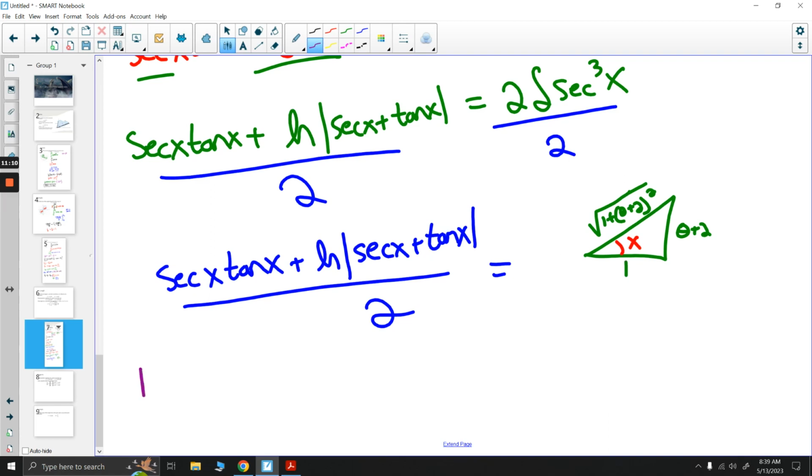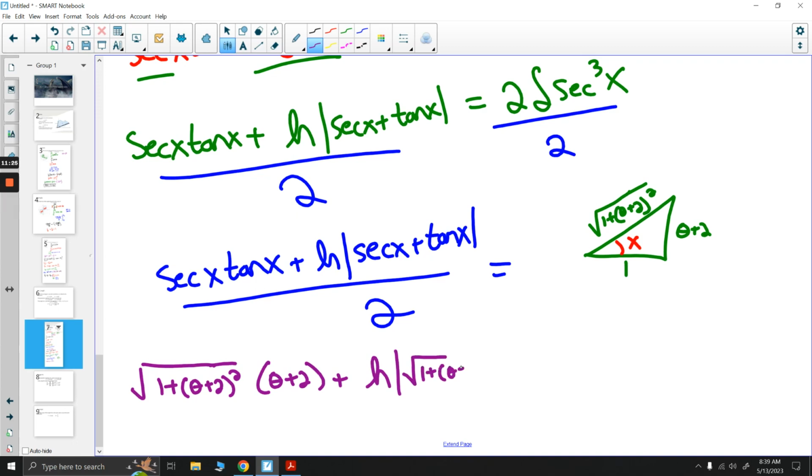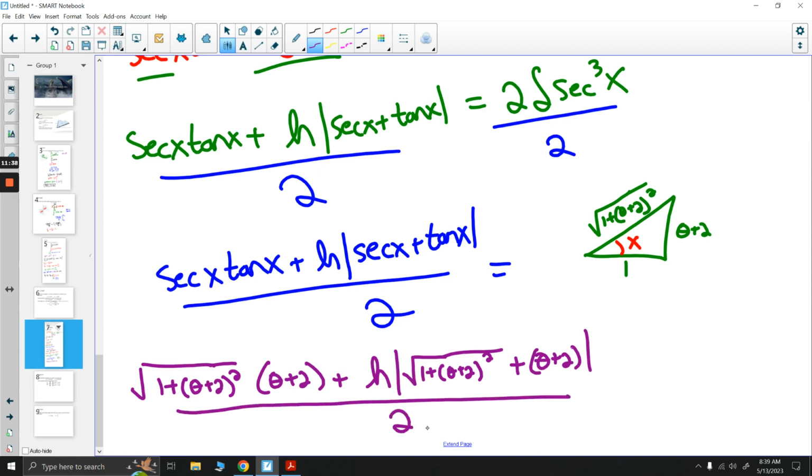So that is going to be the square root of 1 plus (theta plus 2) squared, times tangent. Tangent is just going to be theta plus 2, plus natural log of those same things, square root of 1 plus (theta plus 2) squared, plus our theta plus 2, absolute value, and this is all over 2.